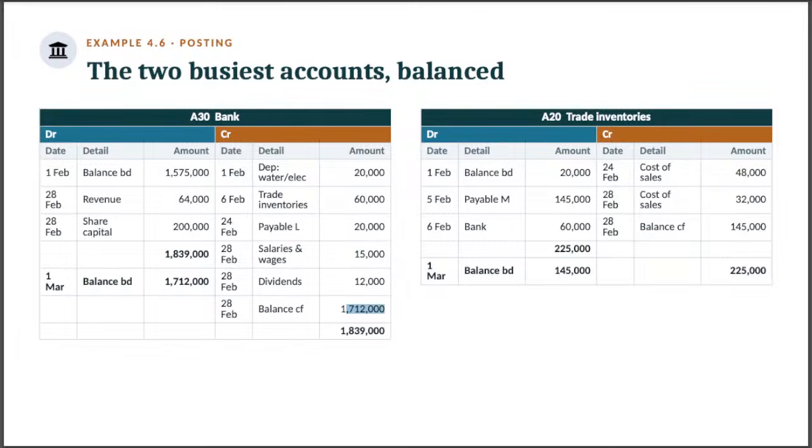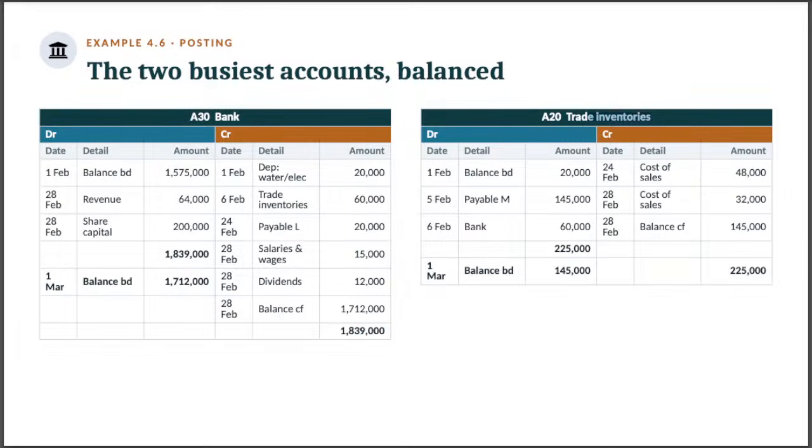So there we go. Balance down here is 1,712,000, and again here 1,712,000. Let's see here. Yep, there it is. And there it is, 1,839,000.